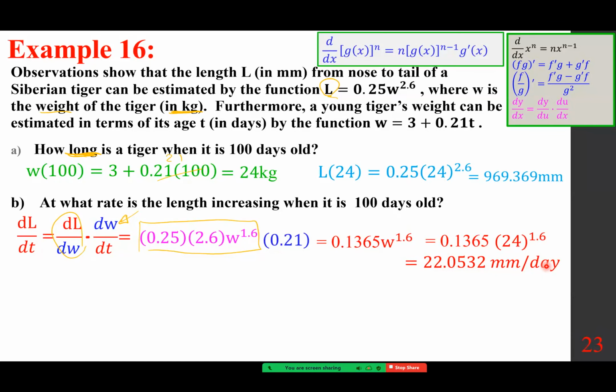I want to show you also a slightly different method where composite function can be used, and in this case, it's not difficult. So first and foremost, L is a function of W. If I replace the W with this expression, 3 plus 0.21t, now we have L of t. So go to the function and find L of t, L of W, if you will, they're composite function. If I replace the t with 100, I get this answer.